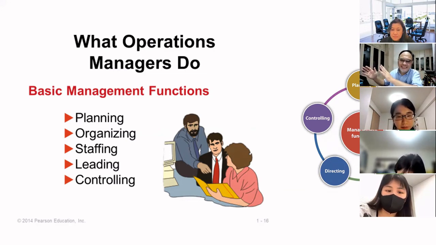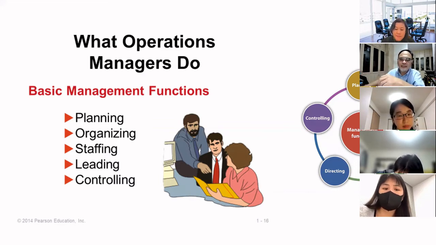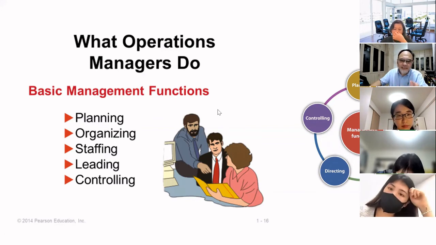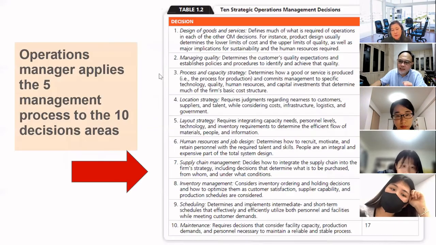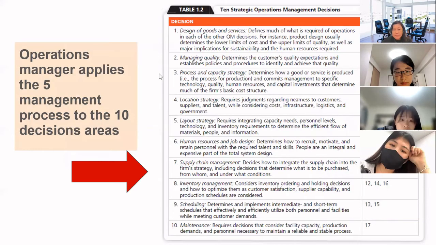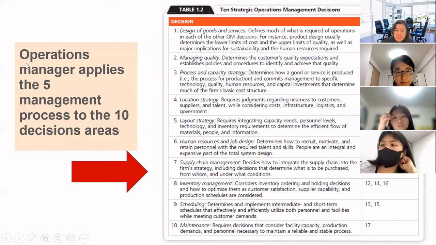A purchasing manager still needs to plan and organize, staff, and do the leading, become a leader, and controlling functions. Okay, so these are basic functions. So in the context of operations, the operations manager will apply the 5 management processes, planning and so on, specifically for operations management areas. Okay, so that's the whole idea.